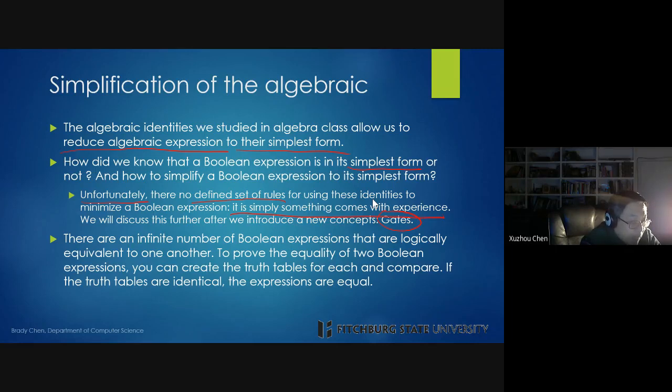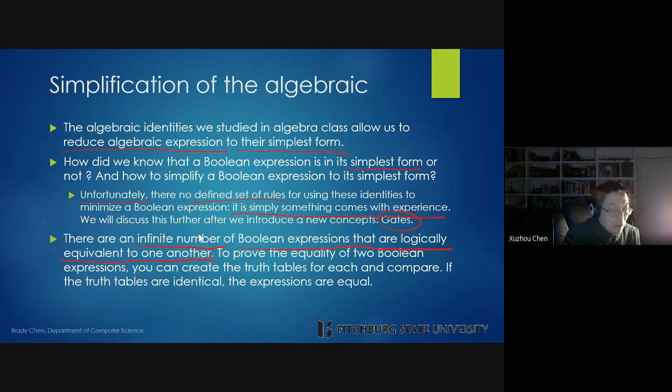So technically, there are an infinite number of Boolean expressions that are logically equivalent to one another. To prove the equality of two Boolean expressions, you can simply use the truth table. If two Boolean expressions give you the same truth table, then they're equivalent.